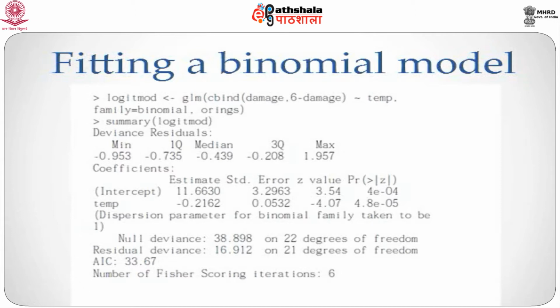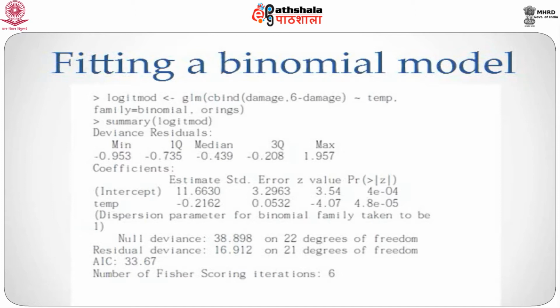So in the first line of code, we have used the GLM function to fit a logistic regression to the O-rings data set and stored it in the object logitmod. We next run a summary of the logitmod object to get the corresponding coefficients.